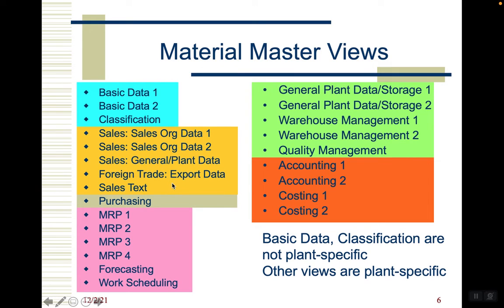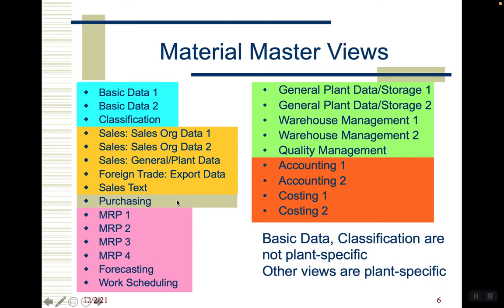So, basically, for stuff that we are going to be selling, we'll have information around where it's located and the sales organization that handles it. Trade and export data is maintained within this as well.